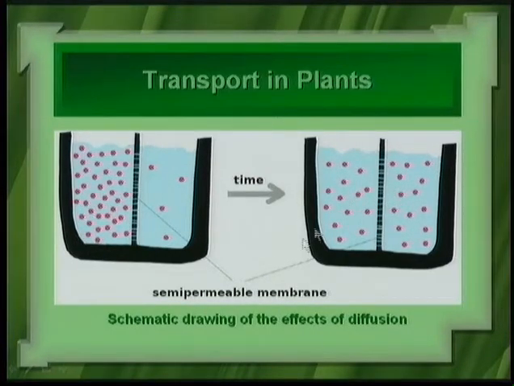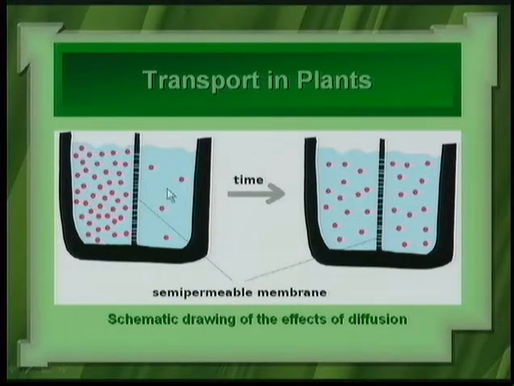So what will eventually happen is this higher concentration of solute molecules will move across the membrane. There will be a net movement of solute molecules to the other side of the membrane. Another thing that will happen is that you'll have a net movement of water molecules. On this side, water is at a higher concentration, and this side is at a lower concentration.